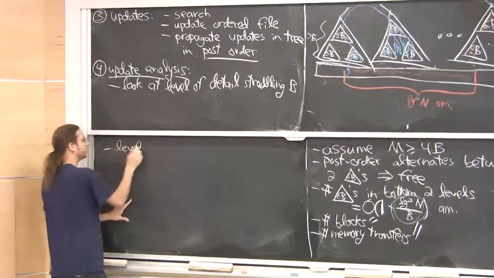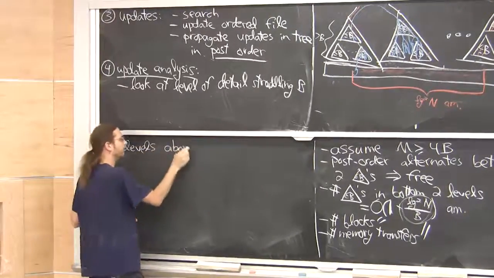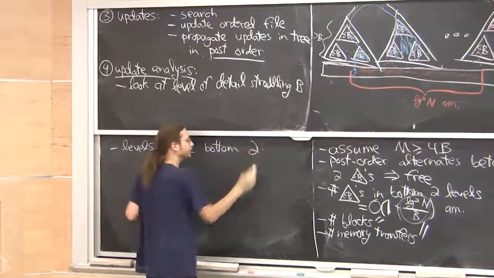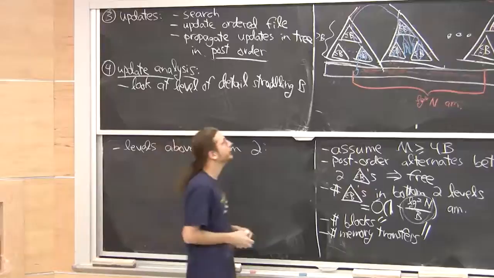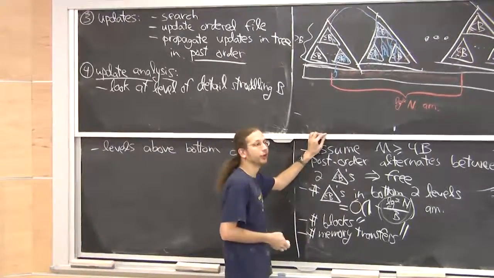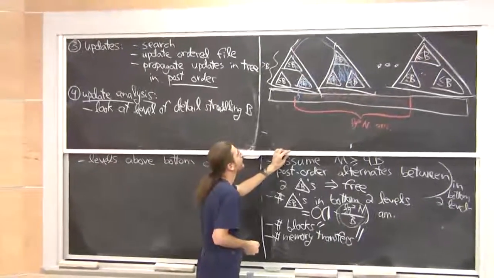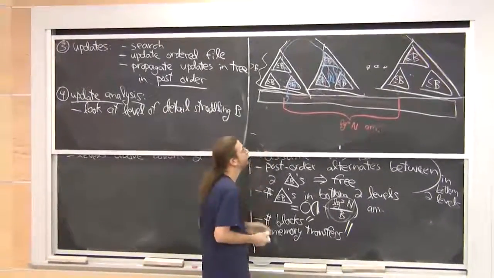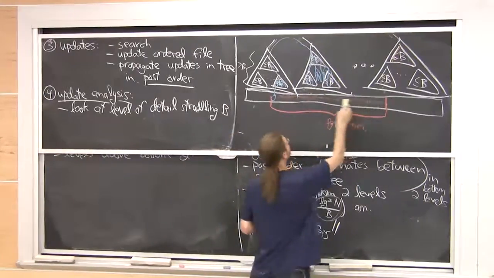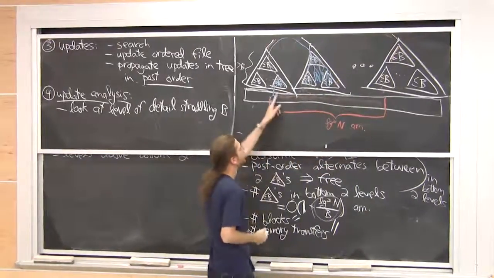Levels above the bottom 2. Nice thing about the levels above the bottom 2 is there aren't too many triangles. All right, well, there aren't too many nodes involved. Let's see. So down here, there were like log squared n nodes.